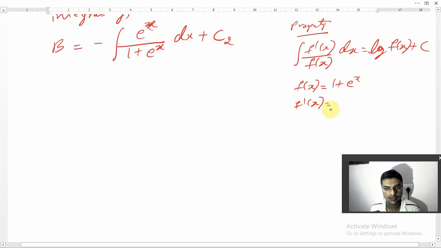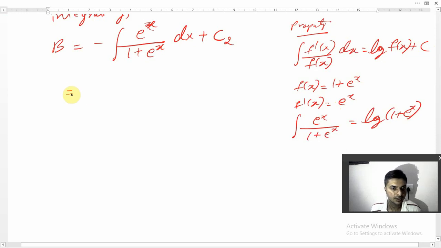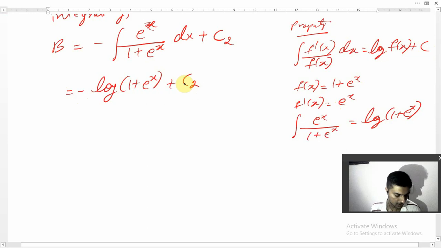F dash of x, easily, differentiation of 1 is 0 and differentiation of e raised to x is e raised to x. So e raised to x divided by 1 plus e raised to x will give you log of 1 plus e raised to x. This formula I am going to use, therefore this is equal to minus log of 1 plus e raised to x plus c2. So therefore we have calculated a and b.